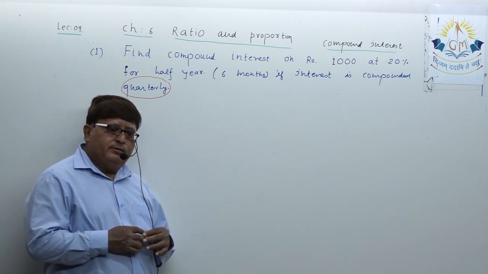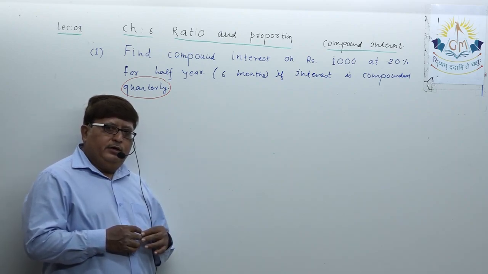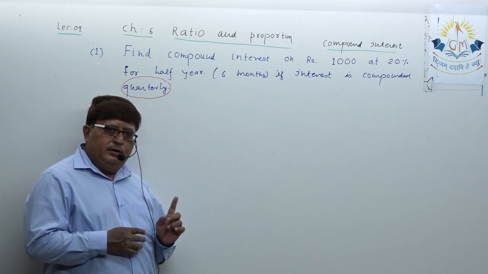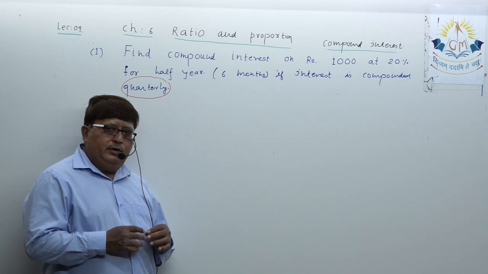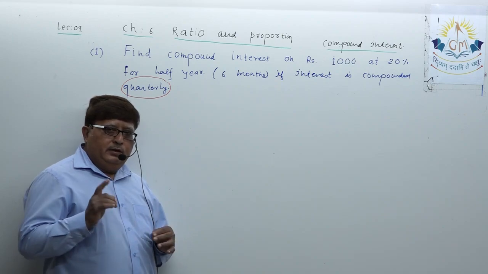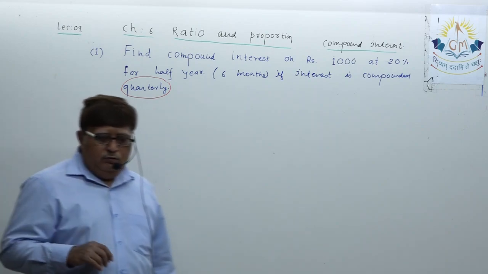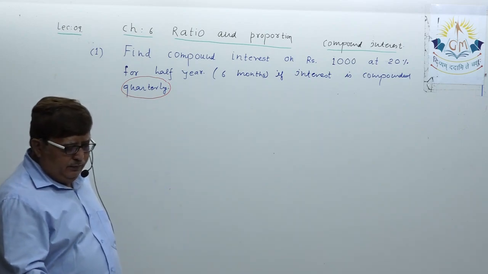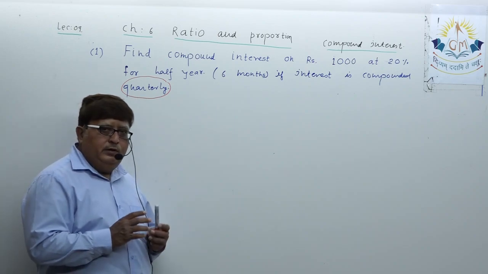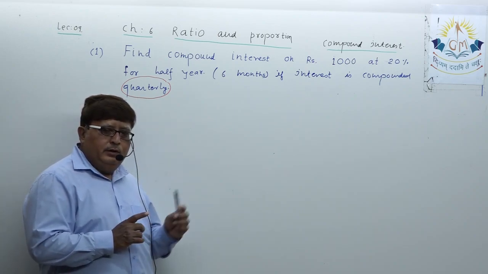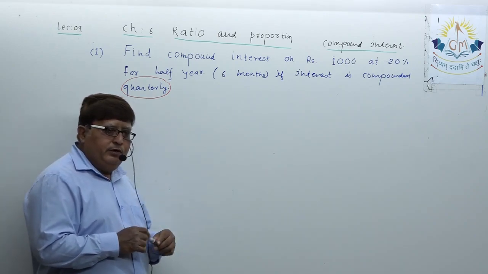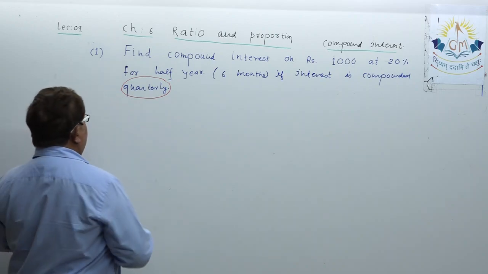And here interest is compounded quarterly, going to be an entirely different example. What changes will you make in solving such an example?